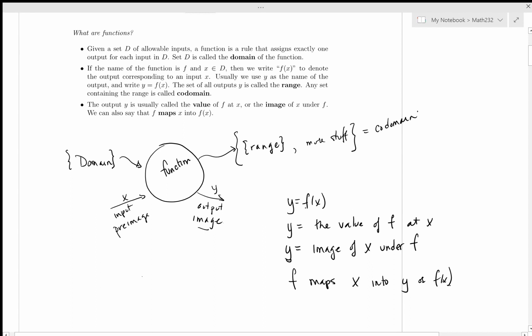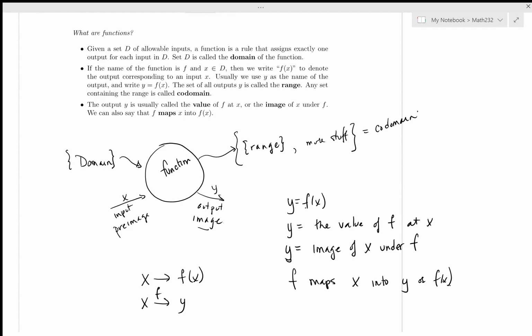Sometimes we can even do this: X maps to f of X, or X maps to Y. That's telling you the function there. So there's a bunch of ways, but the idea is that we have a set of possible inputs, and then we have a set of possible outputs.